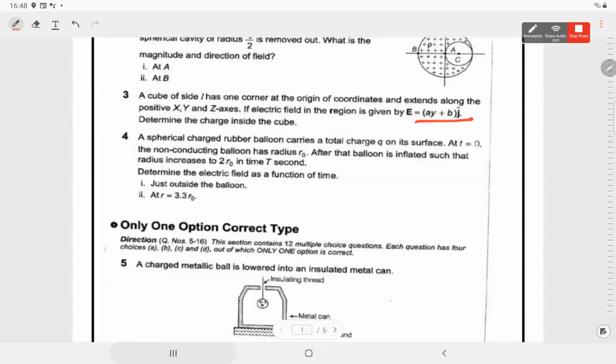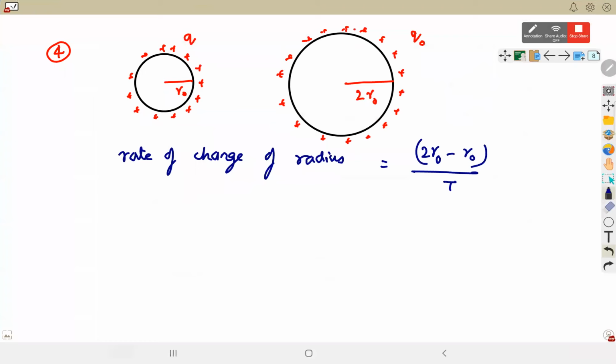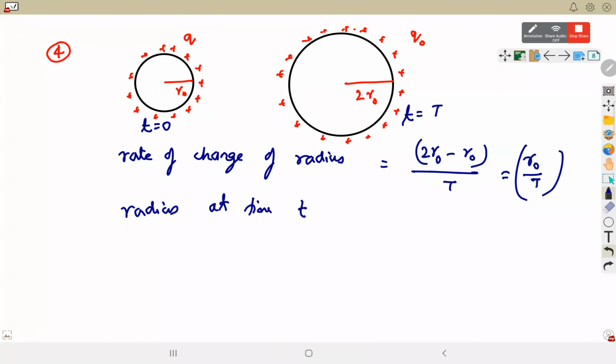So assuming it to be a linear increase, rate of change is r naught by T. So we can calculate radius as a function of time t. At t is equal to 0 it is r naught, at t is equal to capital T it is 2 r naught, and here it is r naught plus r naught by capital T into small t.